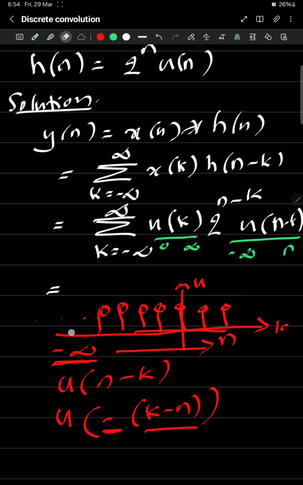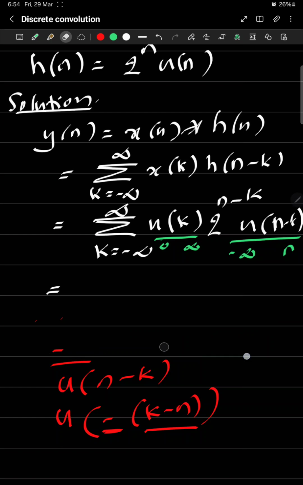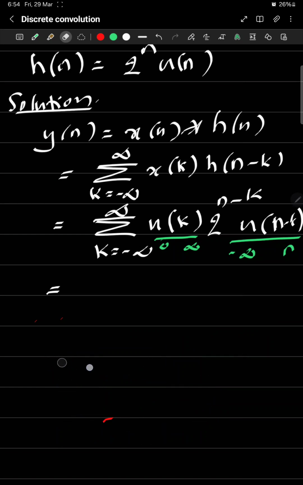Now let's simplify the summation expression. You will have sigma, with 0 to infinity and minus infinity to n, so the resultant product will be from 0 to n.